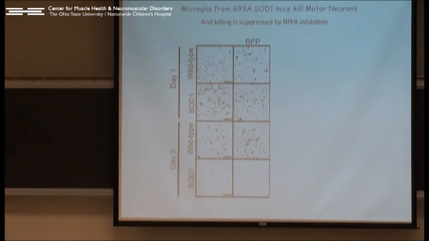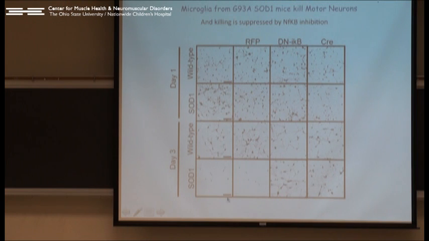And this is what we can see here. Motor neurons are completely gone when they're exposed to ALS SOD1 microglia. But if you inhibit this NF-kappa B pathway, which turns them into activated microglia, you can prevent this process.